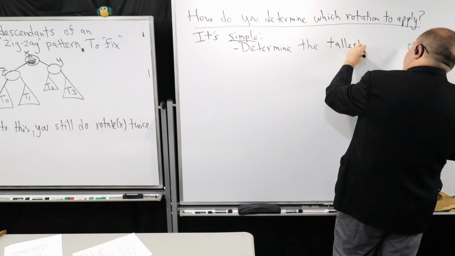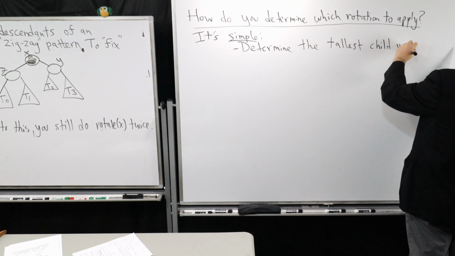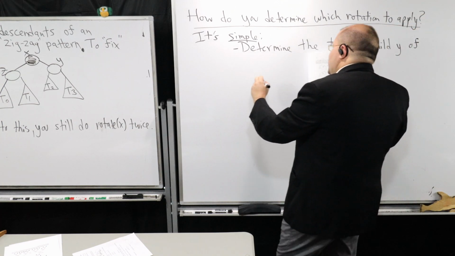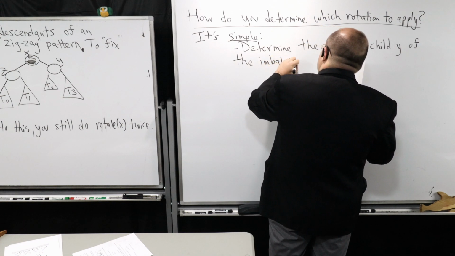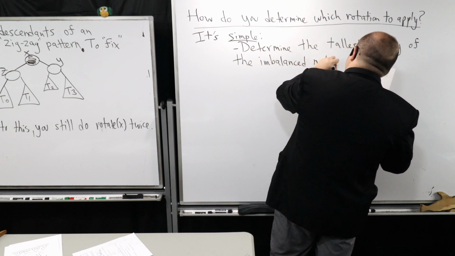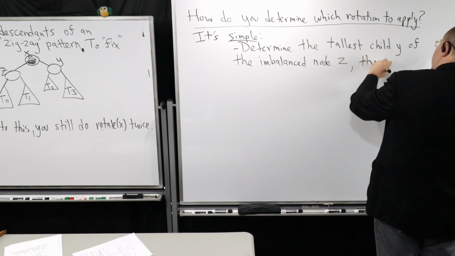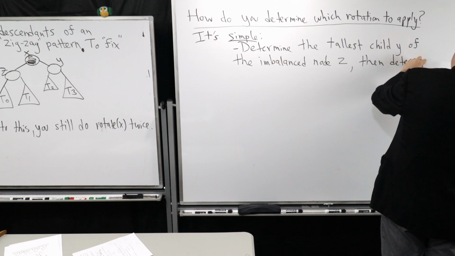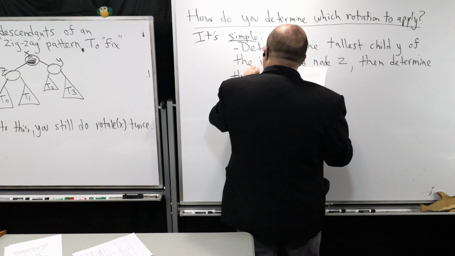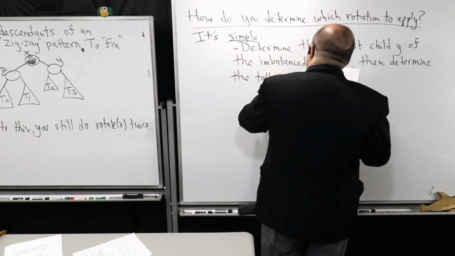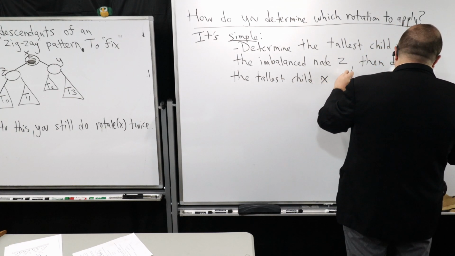All you do is determine the tallest child, y, of the imbalanced node z, then determine the tallest child, x, of y.